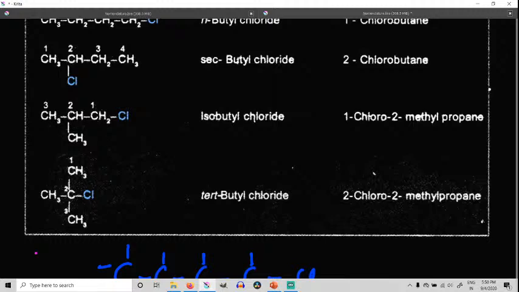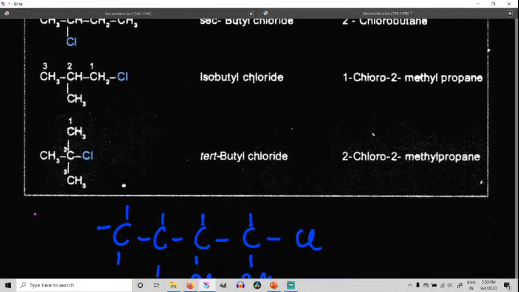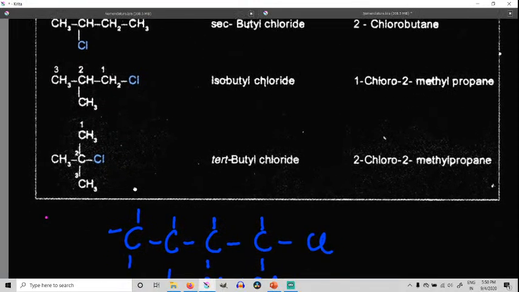Now in this case, what will be the IUPAC name? This will be the straight chain once again, and this will be the straight chain. We can see which one has the maximum number of carbons. If we start counting from here, there are only 2 carbon atoms, but when you count vertically, you can see first, second, third carbon atom.